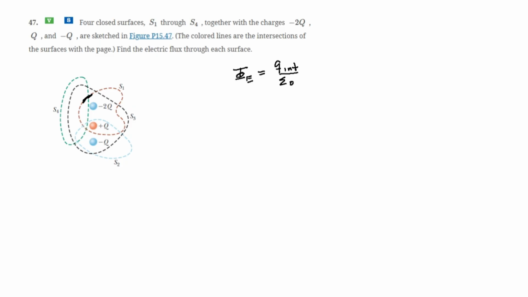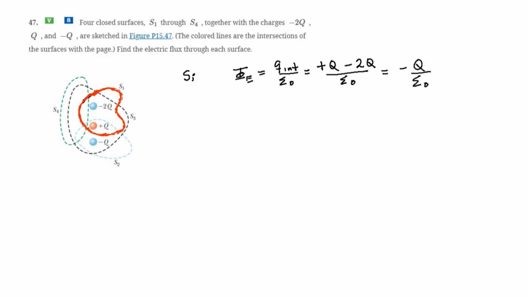And when you look at the charges that we have inside, we have one charge plus Q, and we have one charge minus 2Q, all divided by epsilon sub 0. Plus Q minus 2Q is going to be minus Q over epsilon sub 0.